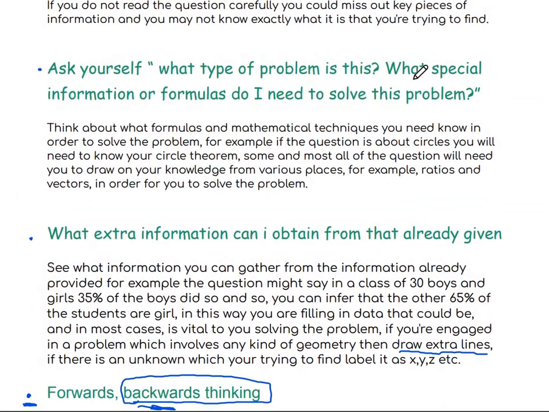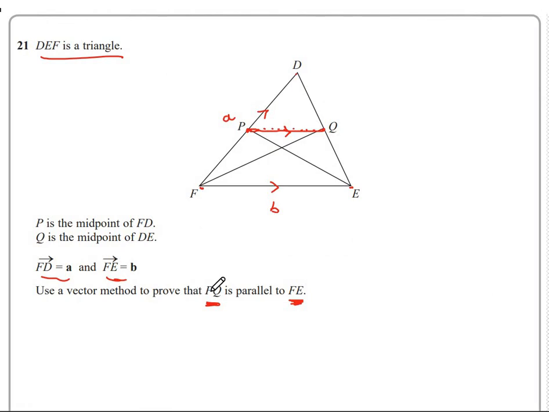What kind of special information do I need to know in order to solve this problem? Well, I need to know what makes two vectors parallel. Two vectors are parallel if they are scalar multiples of each other.